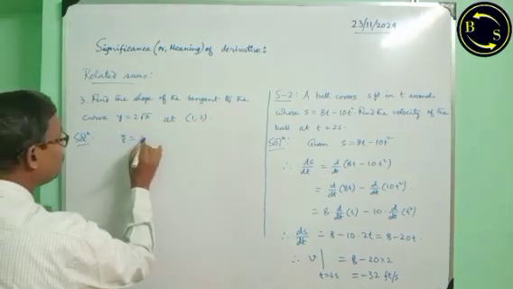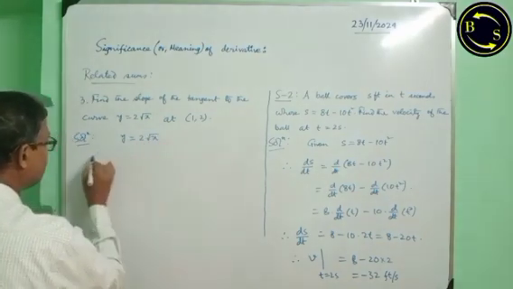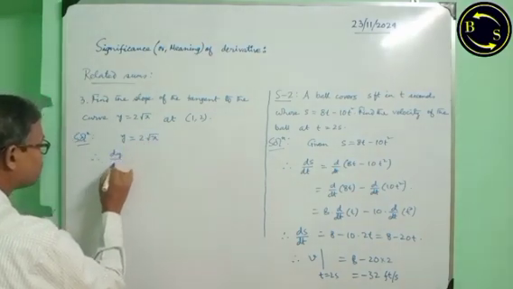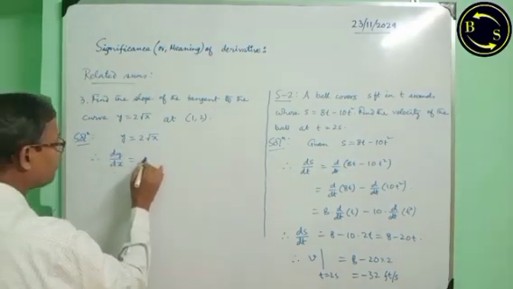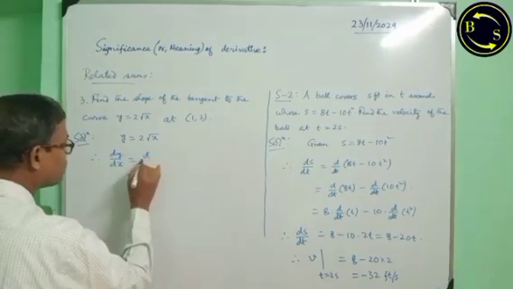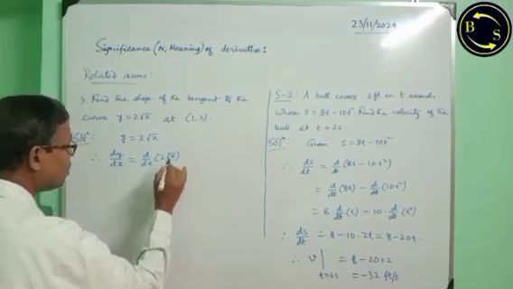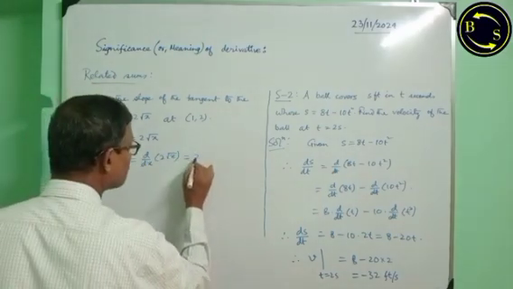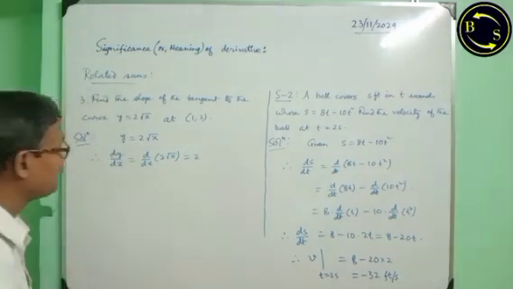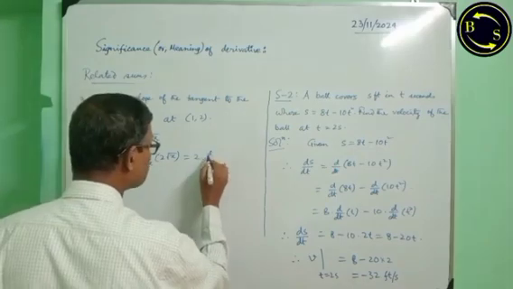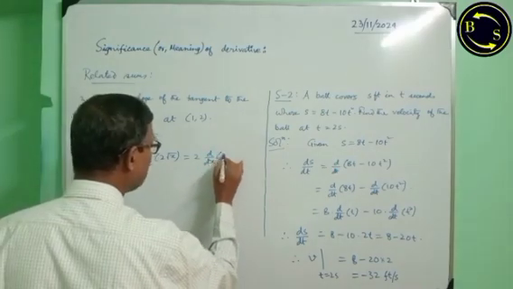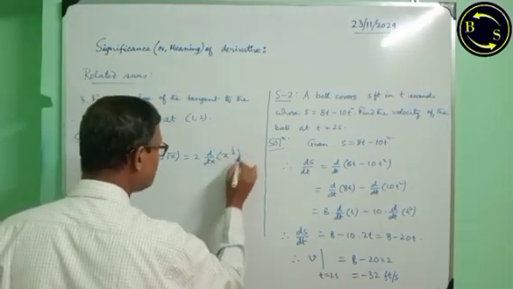y is equal to 2 root x, therefore dy/dx is equal to d/dx of 2 root x. 2 is the constant, therefore it is taken outside, then d/dx of x to the power half.